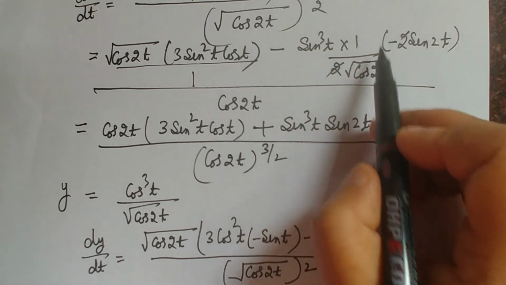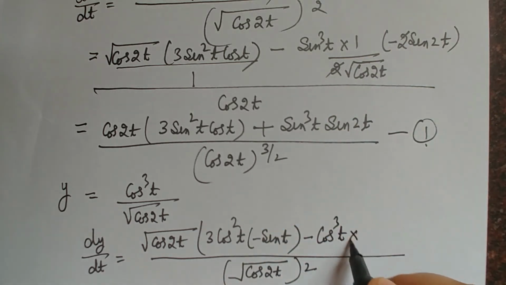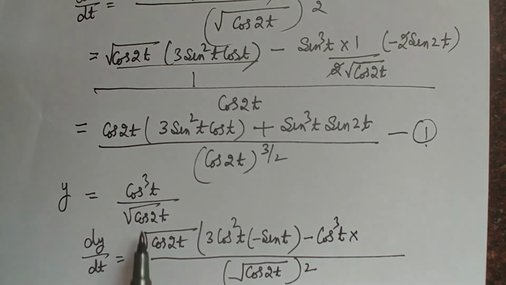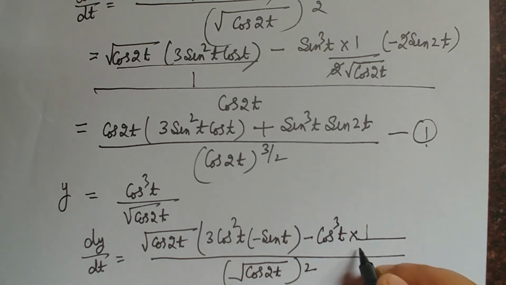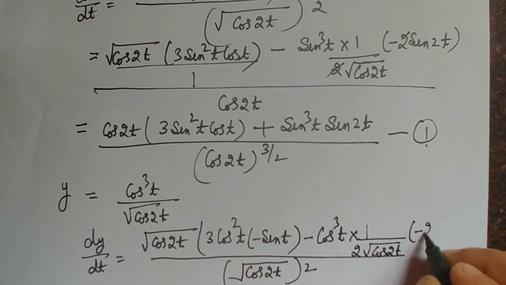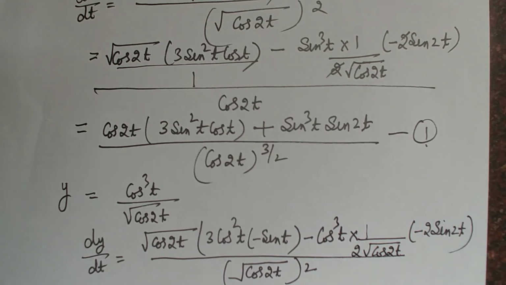Now I think we can go one step from here, since I have to do d/dt of this, and we have already done it. So it will be 1 upon 2 root cos 2t into minus 2 sine 2t.